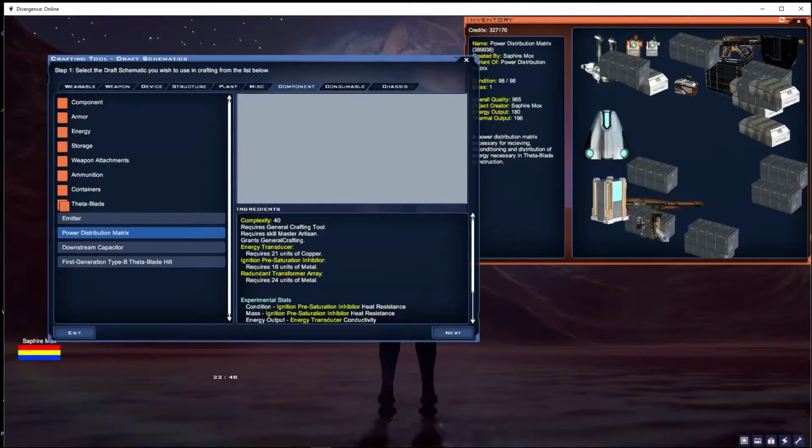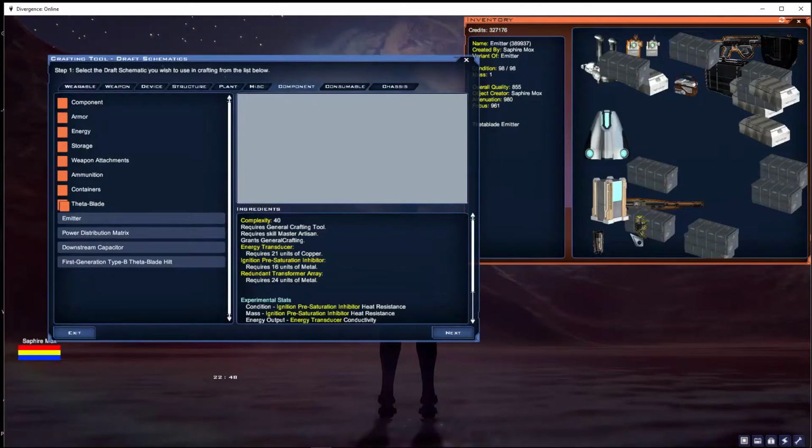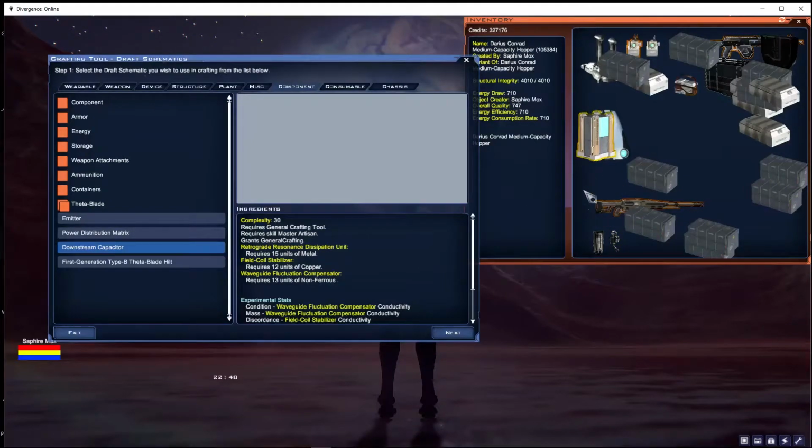We've got our power distribution matrix, which we've created. We've got our emitter, which we've created. We've got our downstream capacitor, which I have not yet created.